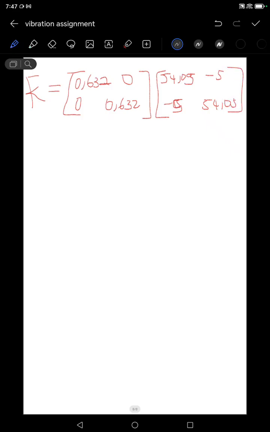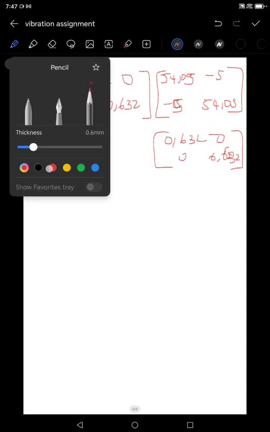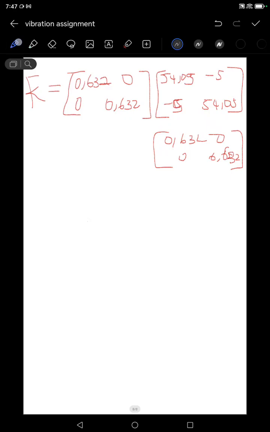And we also have the other vector, which is 0.632, 0, and then 0.632. Okay, like this. So what I'm saying is we're going to start with the first two vectors. We're going to start with these two first, and after getting these two to have one vector, we're going to continue and multiply with this one. Okay, so now let's focus on the one that I circled with black.